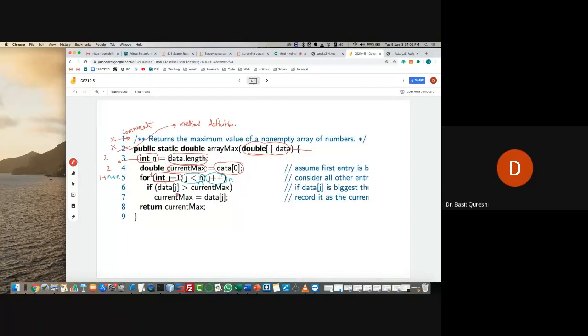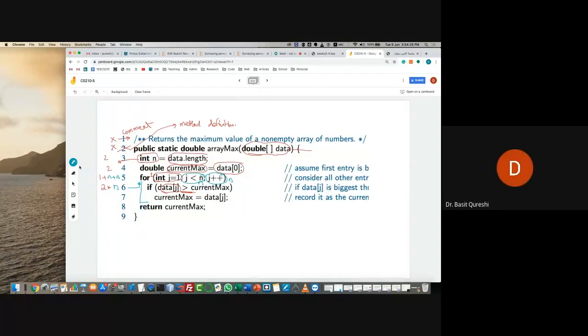Okay, now, how about this one? We said this is one operation, and the comparison was the second operation. So this was two operations. But it needs to be multiplied with n. Why n? Because it will work n times, because this is inside the loop.